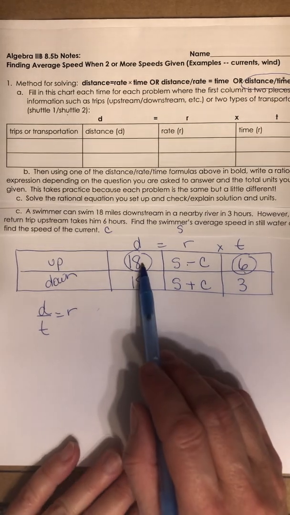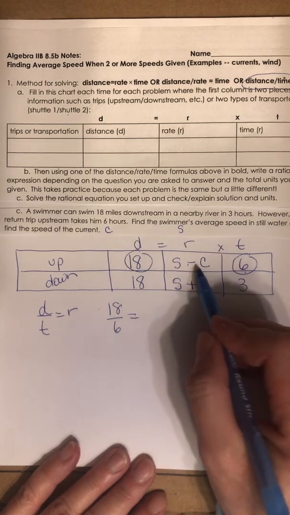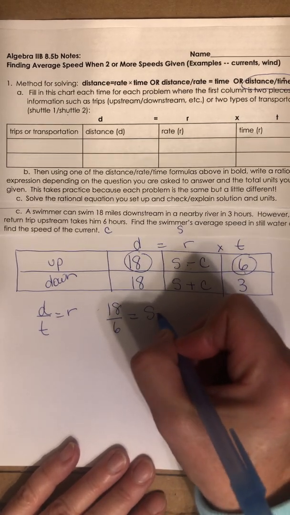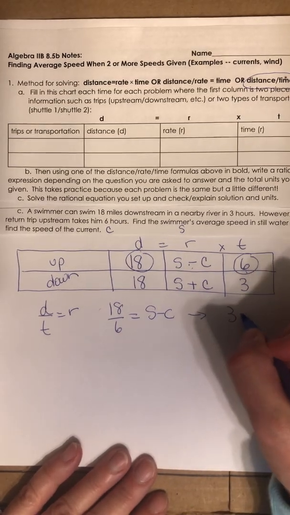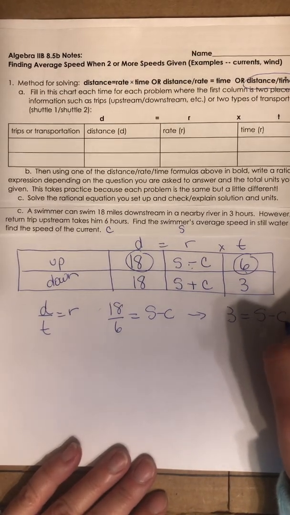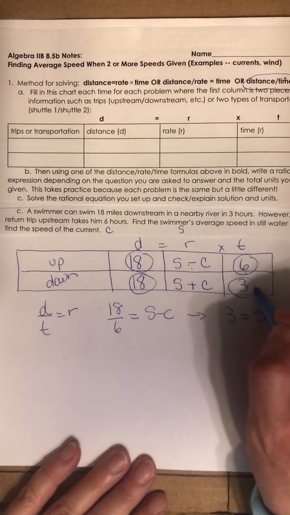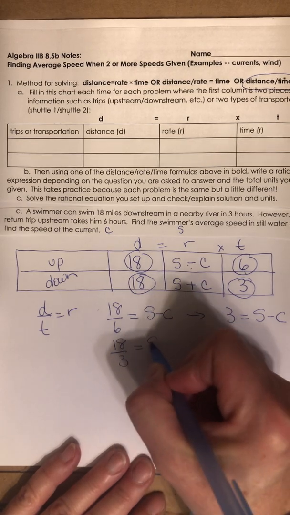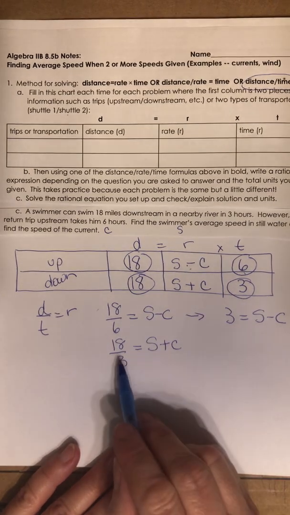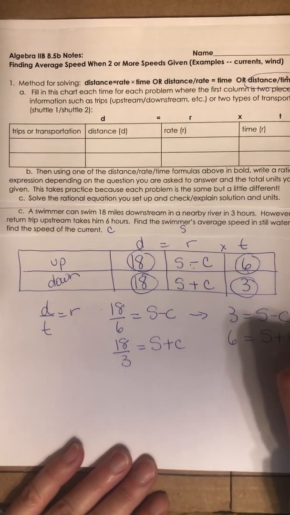So let's take a look. 18 divided by 6 equals the rate S minus C for the first column. So that is 3 equals S minus C. For downstream, distance divided by time is rate. That's 18 divided by 3, and the rate is S plus C. And 18 divided by 3 is 6 equals S plus C.